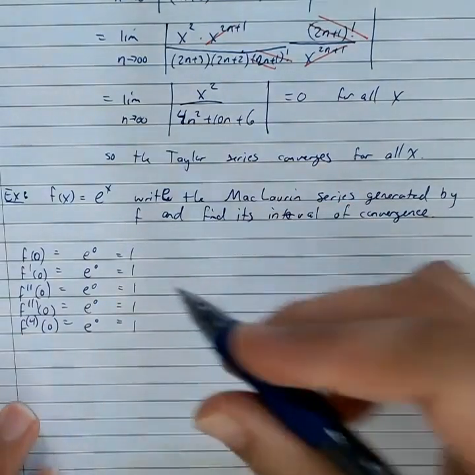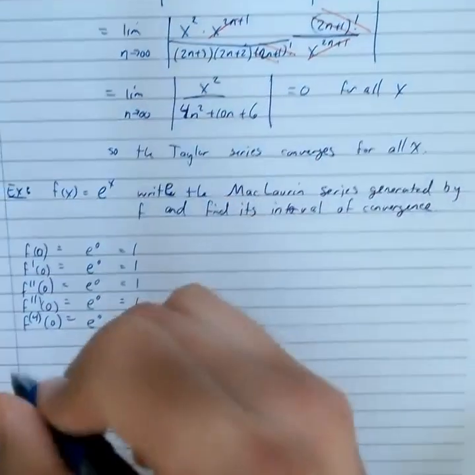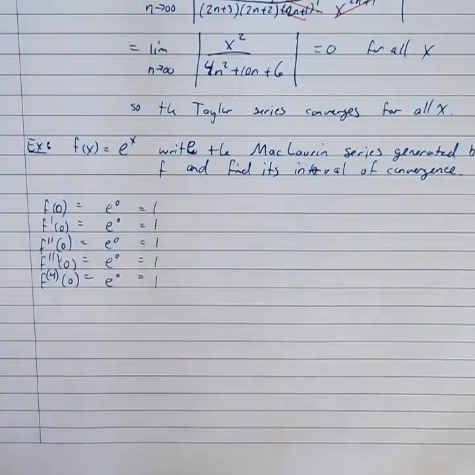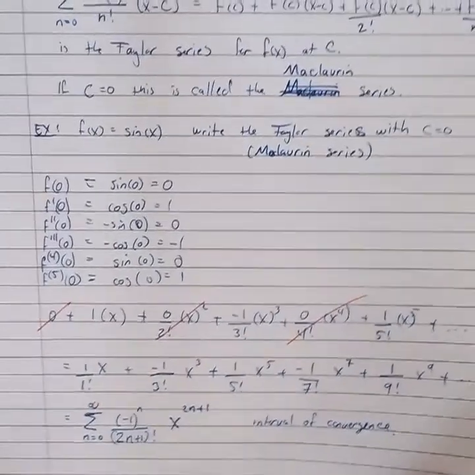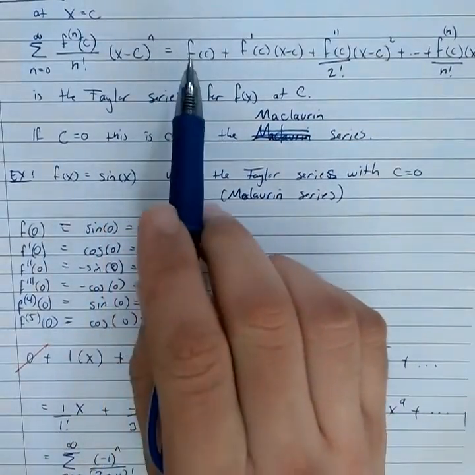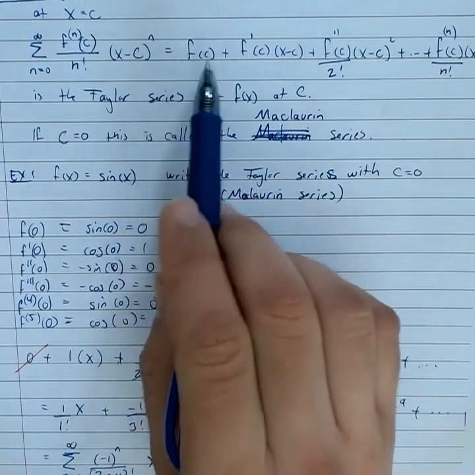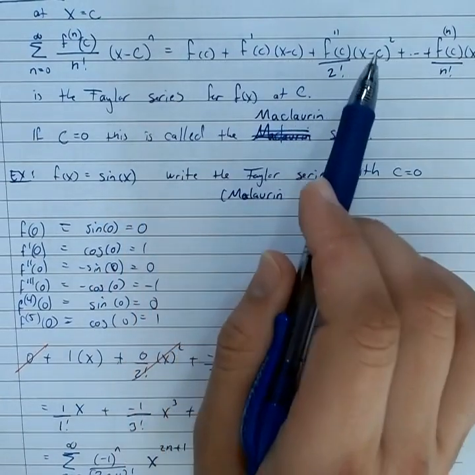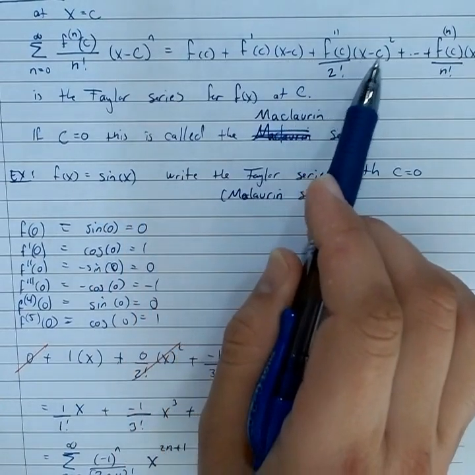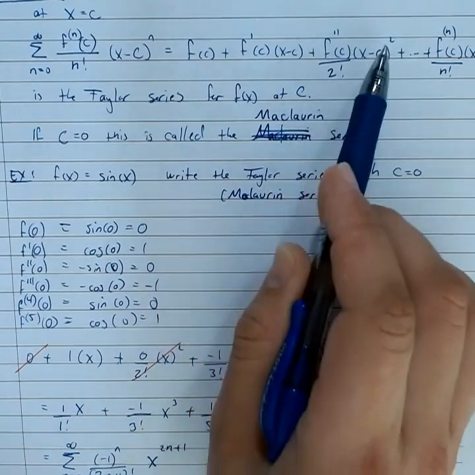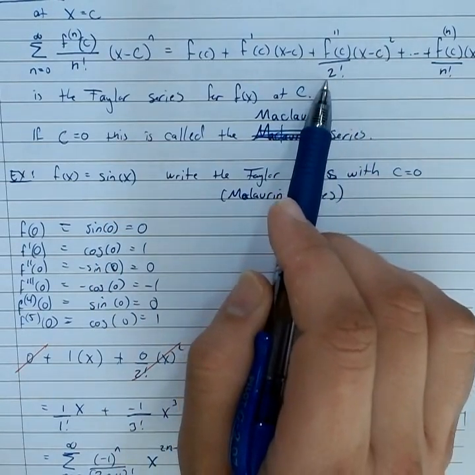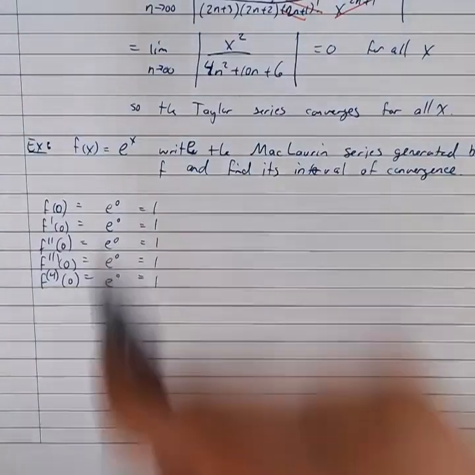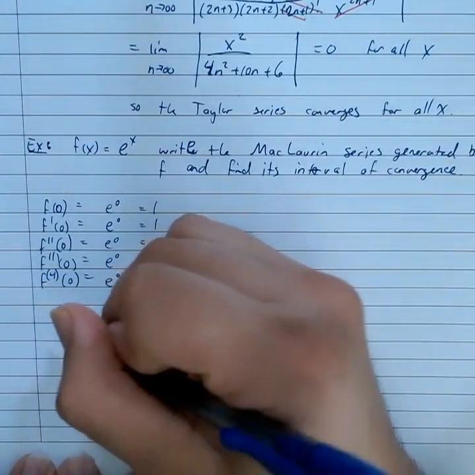All right, so now we can go ahead and write this out using our definition. We know that the Maclaurin series, or the Taylor series centered at 0, is simply going to take the derivatives. It's going to divide them by a factorial and then multiply by x minus the center raised to the same power as the factorial you took. All right. So this will be, well, our numerators are always 1, which is nice.